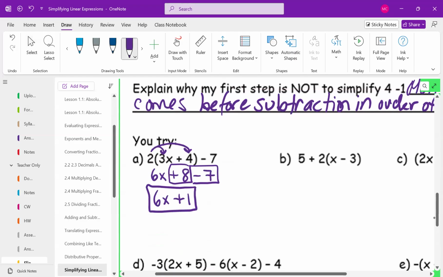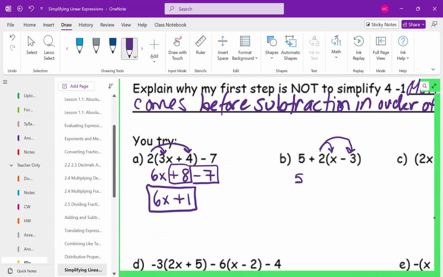Let's take a look. So the 5 is just going to come down. We're going to distribute the 2 to the x. So 2 times x is 2x. 2 times -3 is -6. There's no other variable term, so the 2x comes down first. We have our constants 5 and -6, which is -1. We have no more like terms, and so now we are in simplest form.